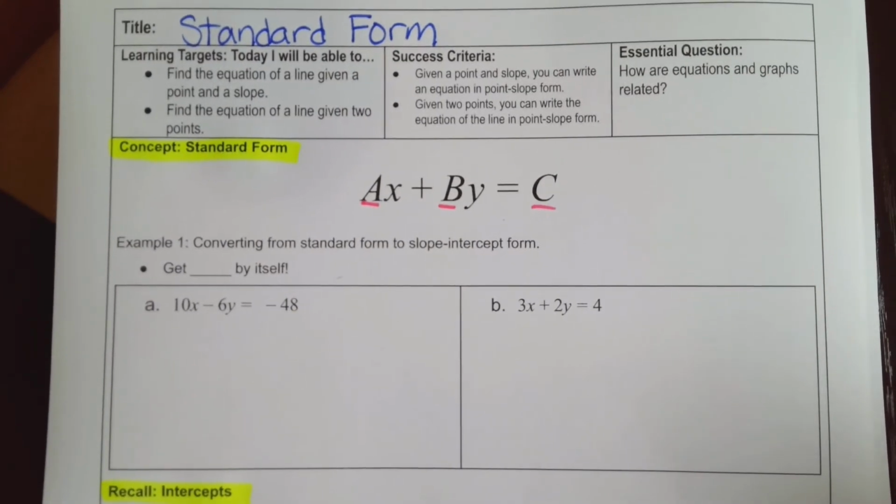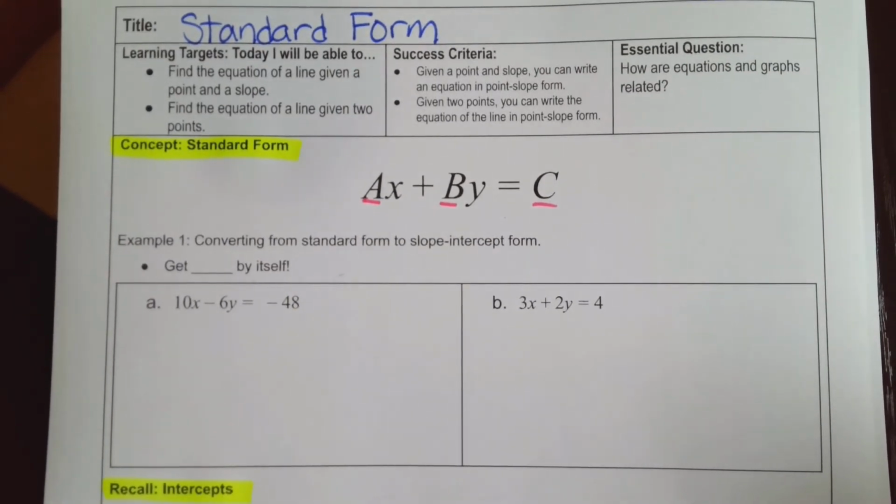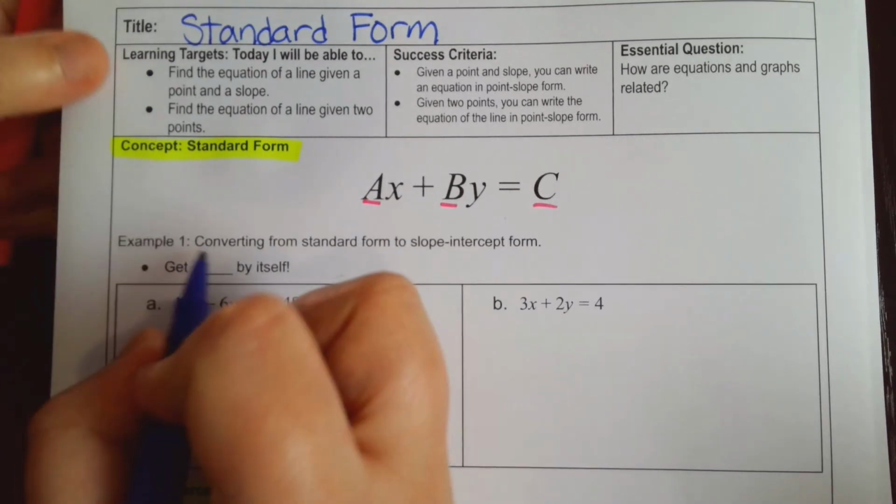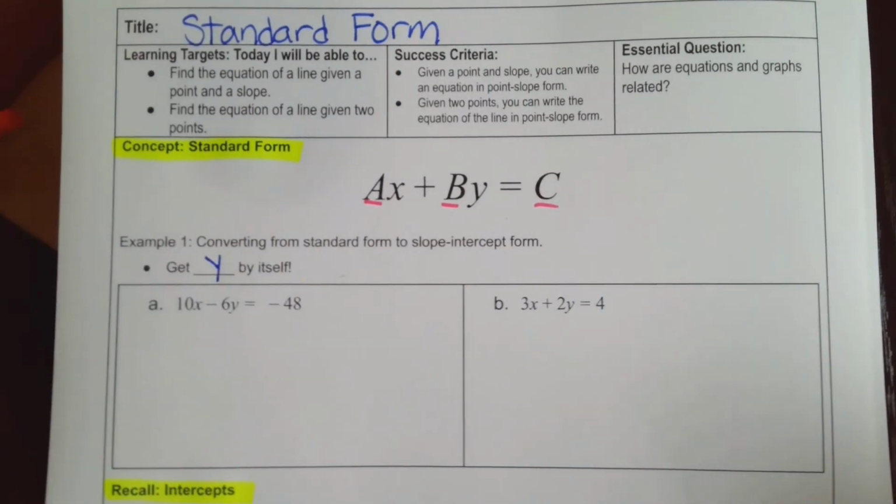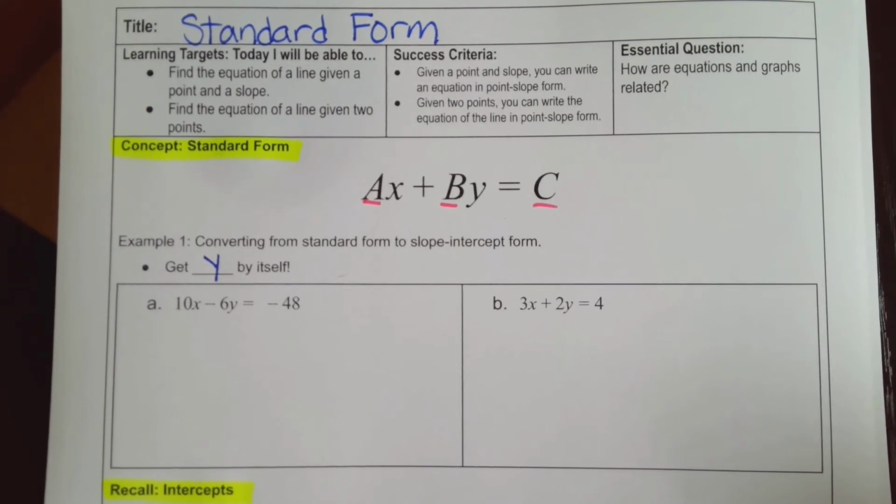Now, our first example is converting from standard form to slope-intercept form. The big thing is get y by itself. So we are going to be moving everything to one side so that way y is by itself. So our first one, 10x minus 6y is equal to negative 48.